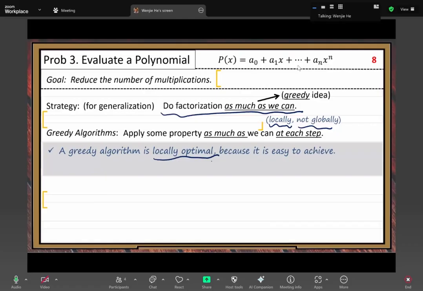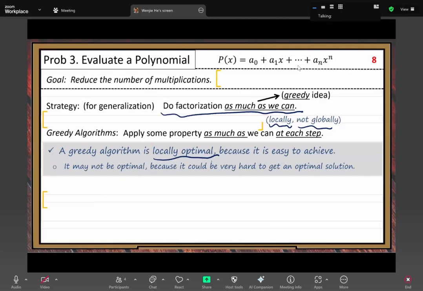Globally, sometimes you get an optimal solution, sometimes you do not. We will see, because when we understand more and more about the greedy algorithm, you will get a better understanding of it.